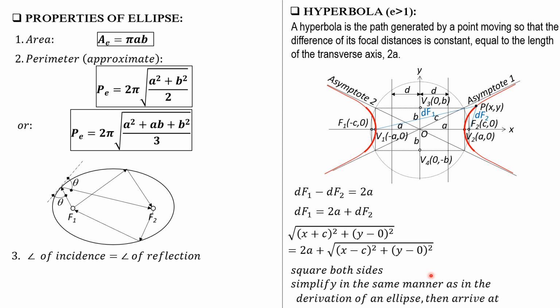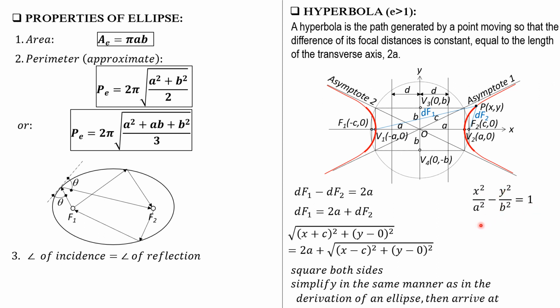So, which is the standard equation of an ellipse with center at the origin, transverse axis on the x-axis. Remember, for the ellipse, it was x squared over a squared plus y squared over b squared equals 1.